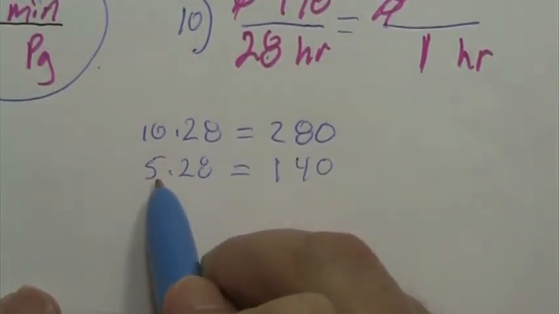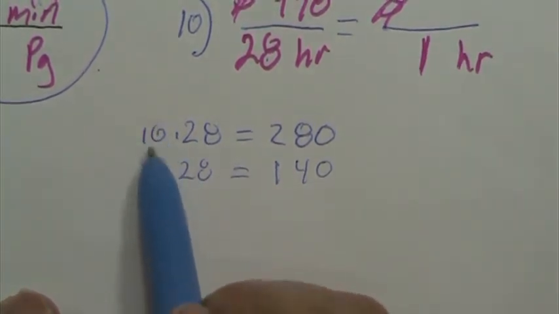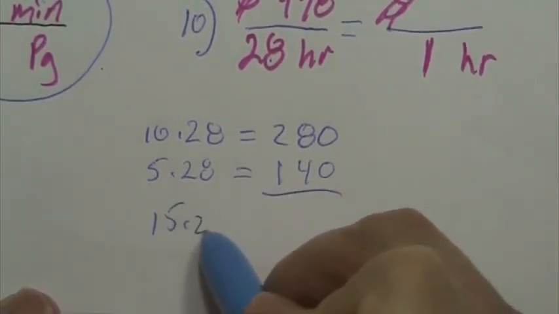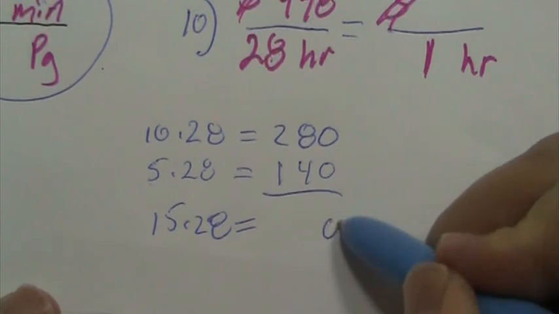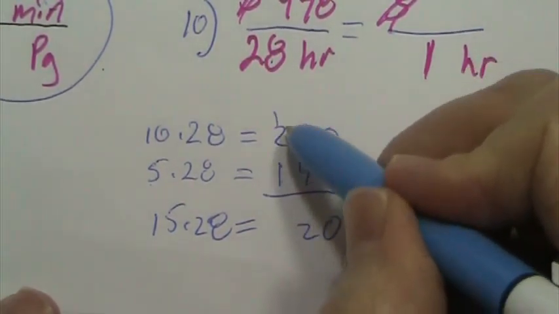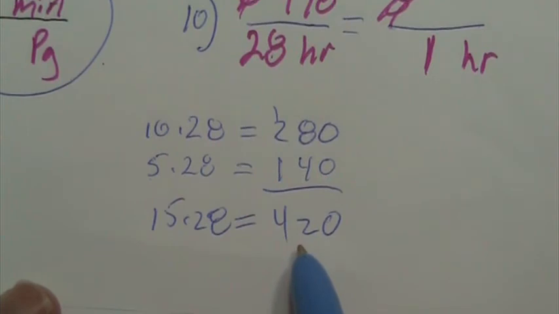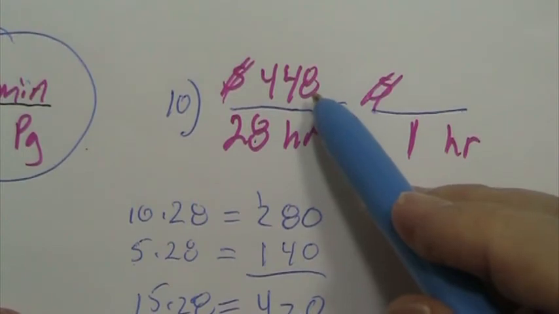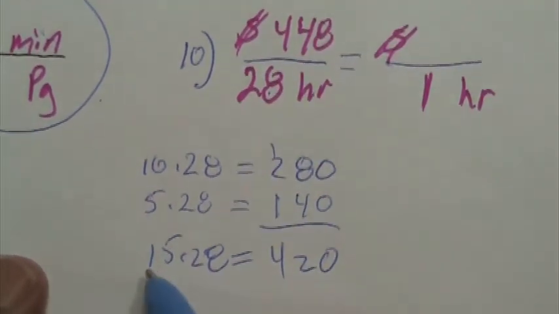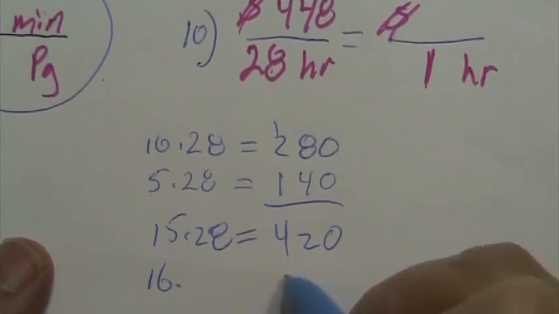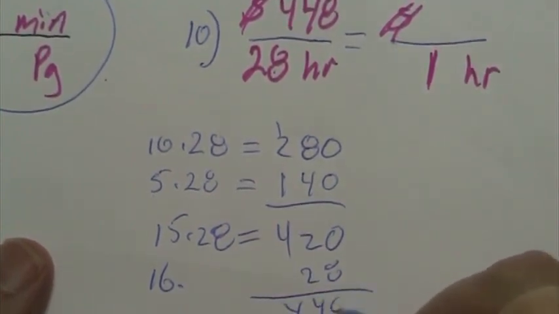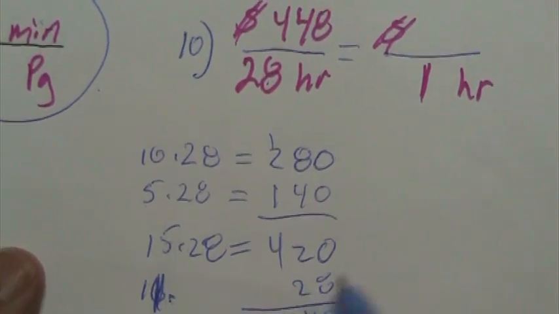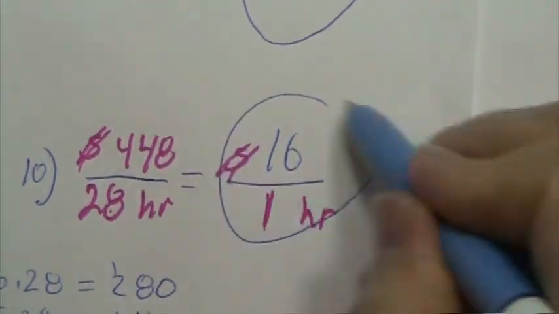So 15 times 28 would be 420. We need 28 more, so all we have to do is add one more. So it's actually 16, because if I add 28 more, I get 448. That's one way you could calculate it.